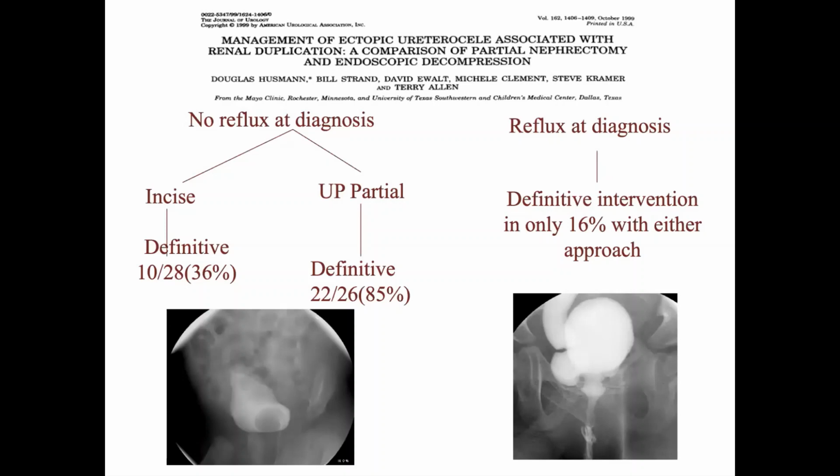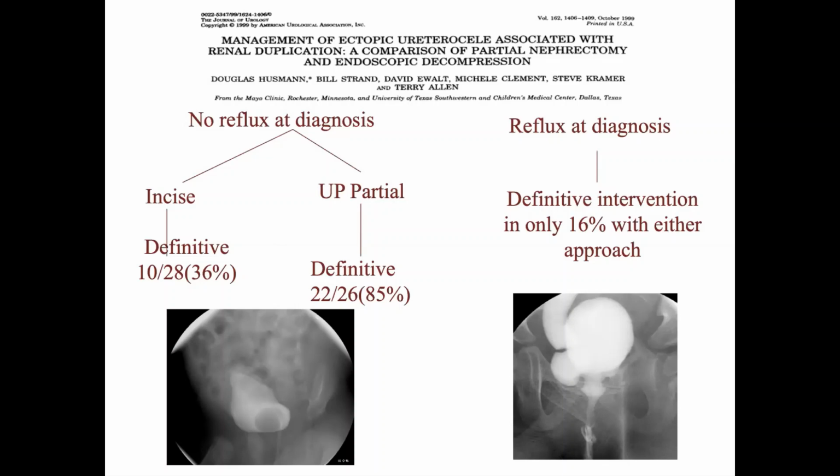If you did an upper pole partial and they did not have reflux at diagnosis, then for the vast majority of patients, that was the only operation they ever needed. If they have reflux at diagnosis, it was a definitive intervention in only a very small percentage of both of those groups. And again, that's because of the complex anatomy here, where there's eversion of the ureterocele, the trigone's not normal, there's massive reflux. There's no reason to think that removing the upper pole is going to somehow affect the lower pole reflux in this patient.